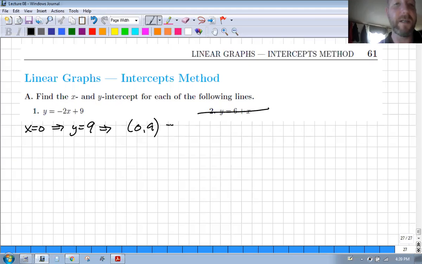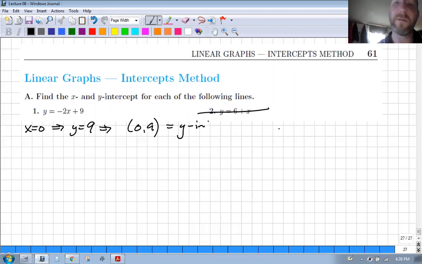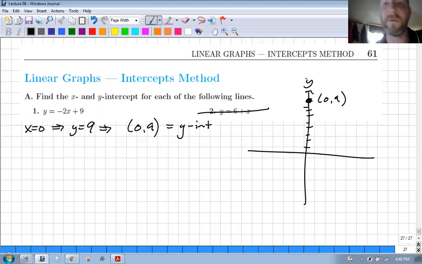It happens to be our y-intercept. Where is it? 1, 2, 3, 4, 5, 6, 7, 8, 9. Boom. (0, 9). It's on the y-axis. That's our y-intercept.